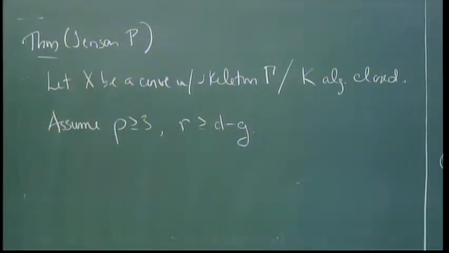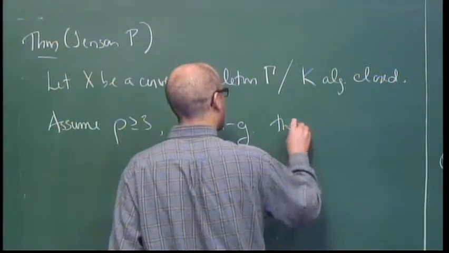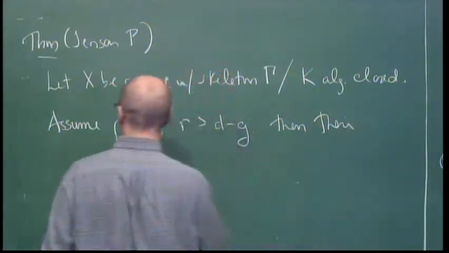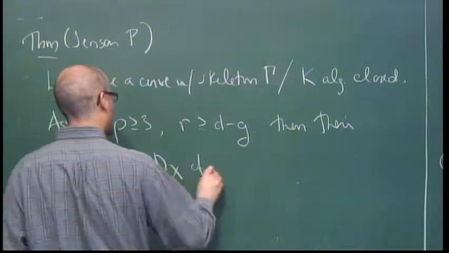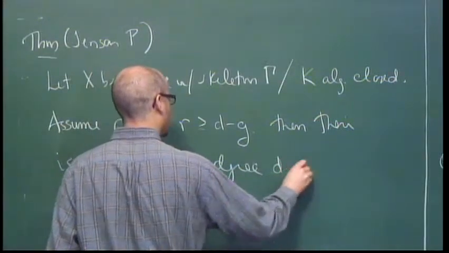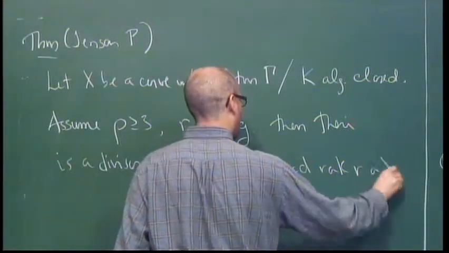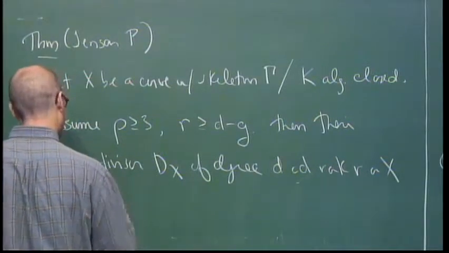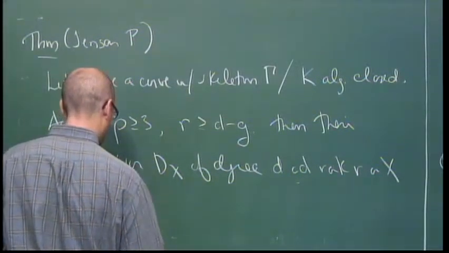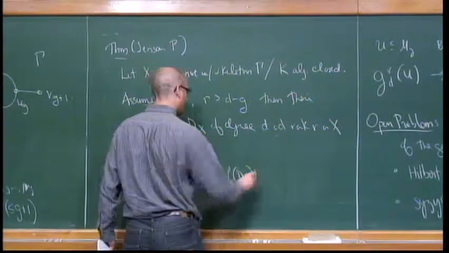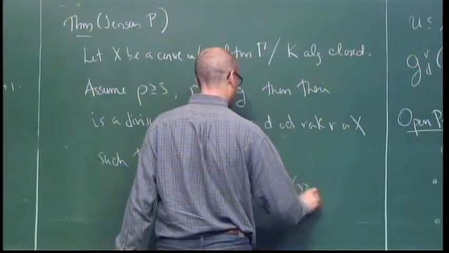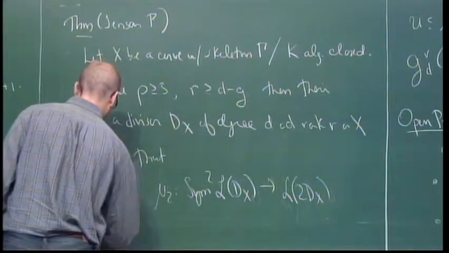So this means that the general linear series is complete, and we will only argue with complete linear series. Then there is a divisor dx of degree d and rank r on x, such that mu2 from sim2 of the complete linear series to the complete linear series of 2dx has maximal rank.